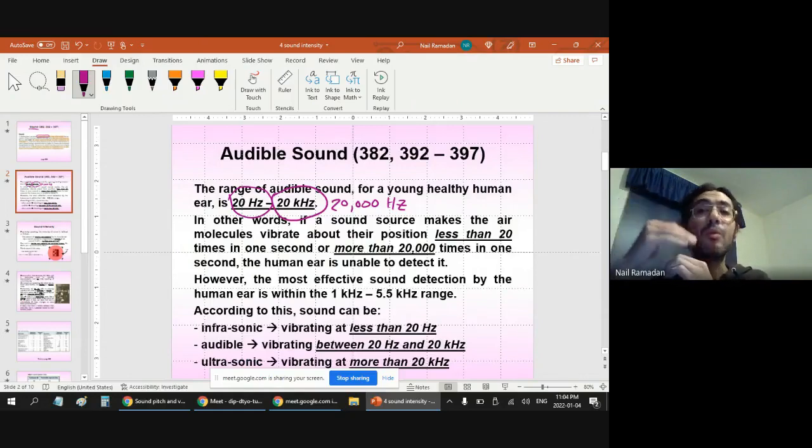If a photon of violet light falls into your eye, you will be able to see it. But if a photon has a higher frequency than violet, your eye will not respond to it. And that's why you cannot see ultraviolet rays.